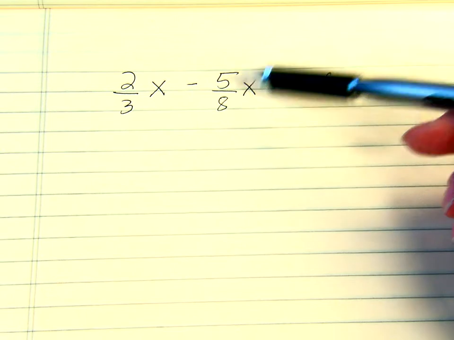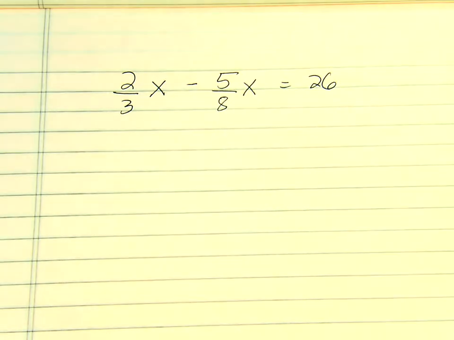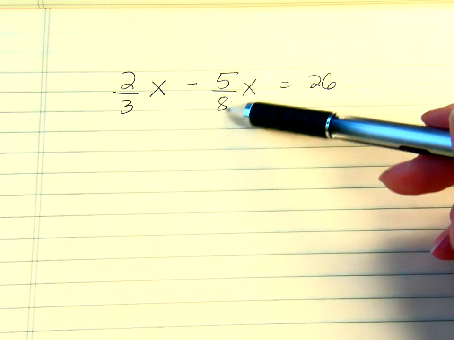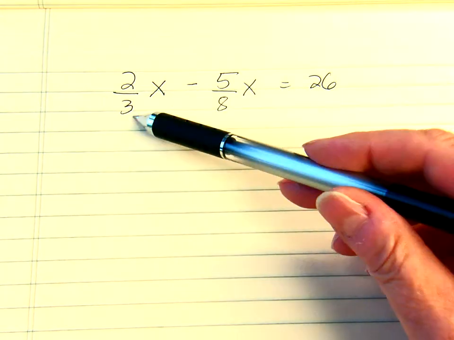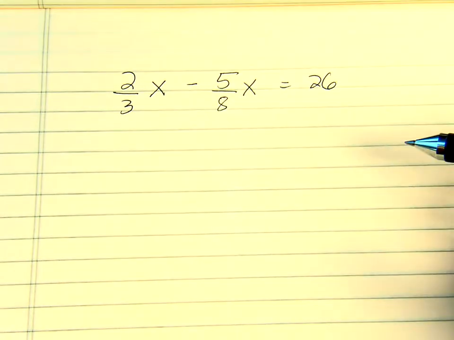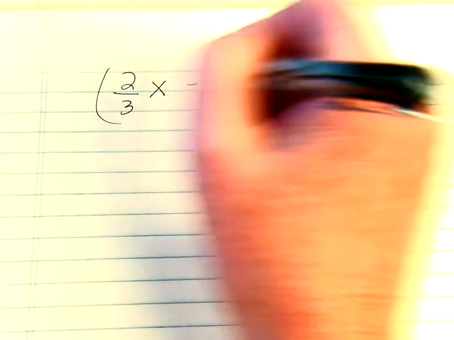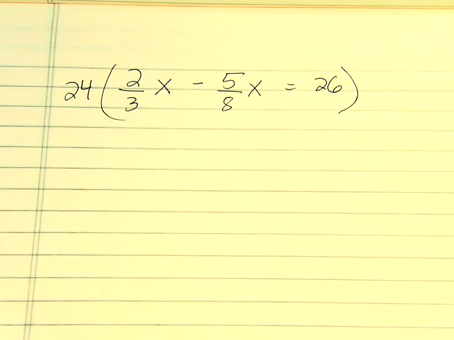Now, if we look at the multiples of 8, 16 is still not divisible by 3, and then we go to 24, which is divisible by 3. So I am going to now multiply everything times 24, okay?